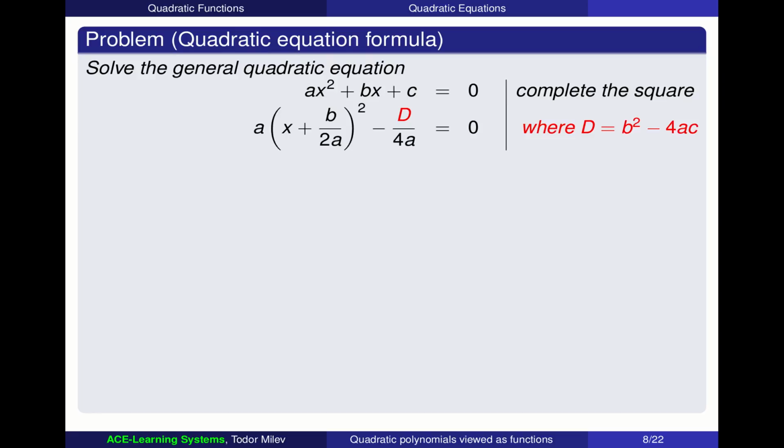The discriminant was equal to b squared minus 4ac. So that magic number d is equal to b squared minus 4ac. All other letters that you see, a and b, are the original a and b from the original quadratic equation. Okay. So this is how we complete the square. This is actually most of the work.